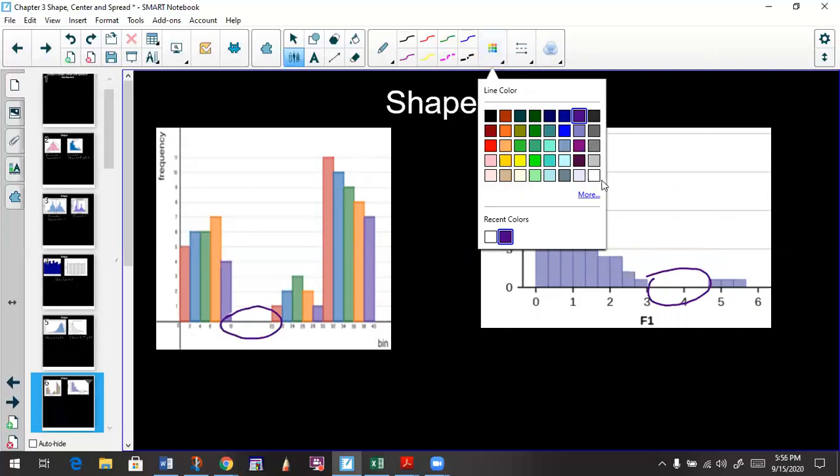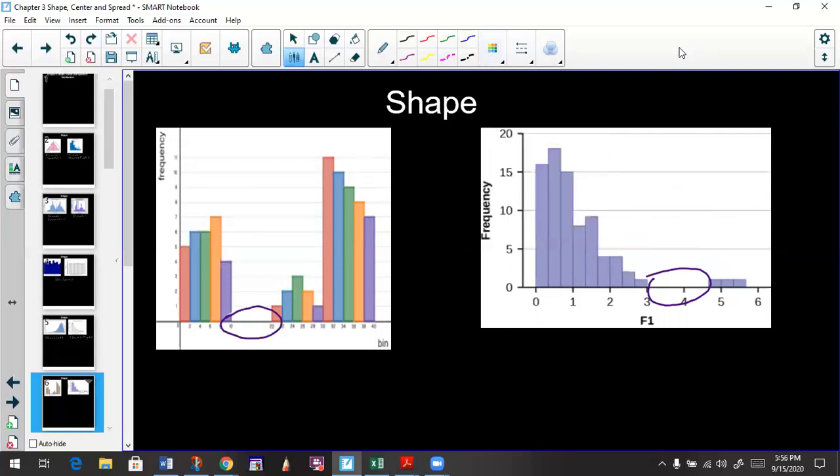So in both cases, we would say we have gaps. But because we've got just a couple of data values far removed from the rest of them, we would say that we have outliers over here as well.